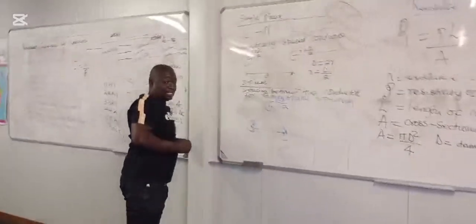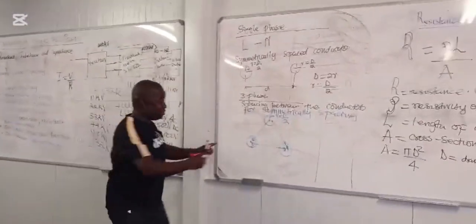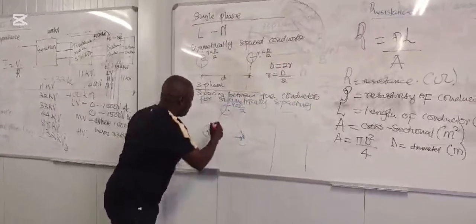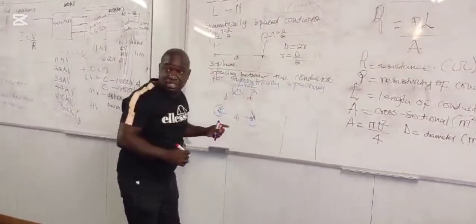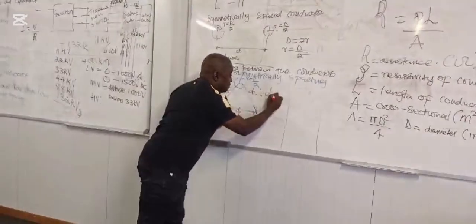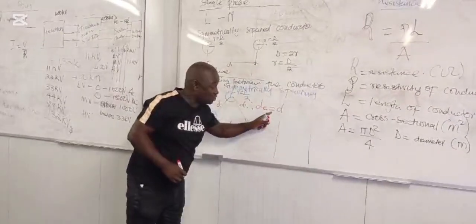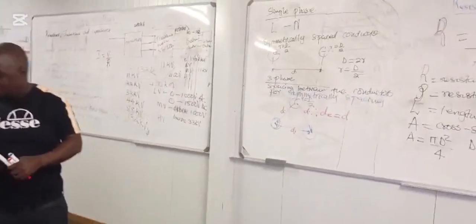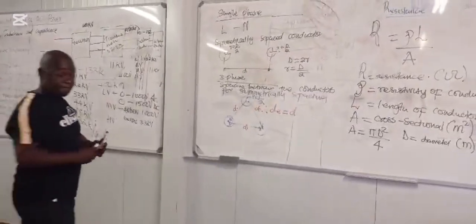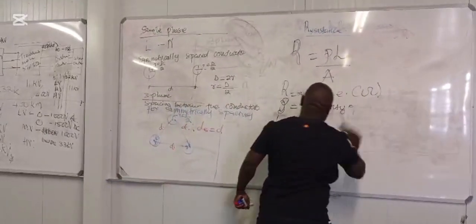Now, the equivalent spacing of the conductors for symmetrically spaced conductors. Can you see that? The spacing between the conductors is equivalent. From there we see that the equivalent spacing of the conductors is equal to the spacing between the conductors: D equivalent is equal to D. That is for symmetrically spaced conductors of a three-phase overhead line.